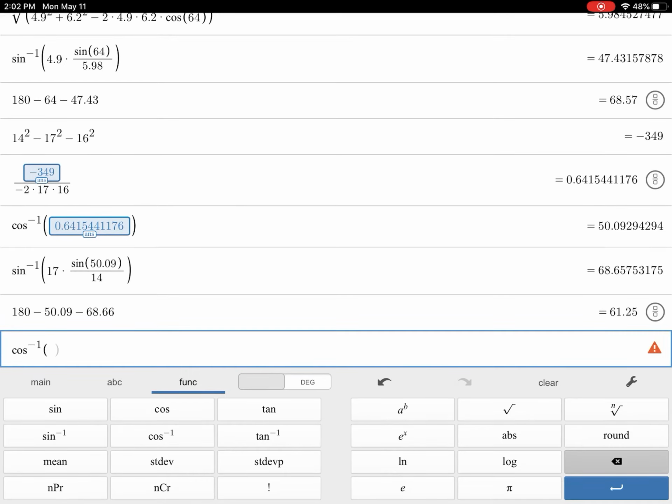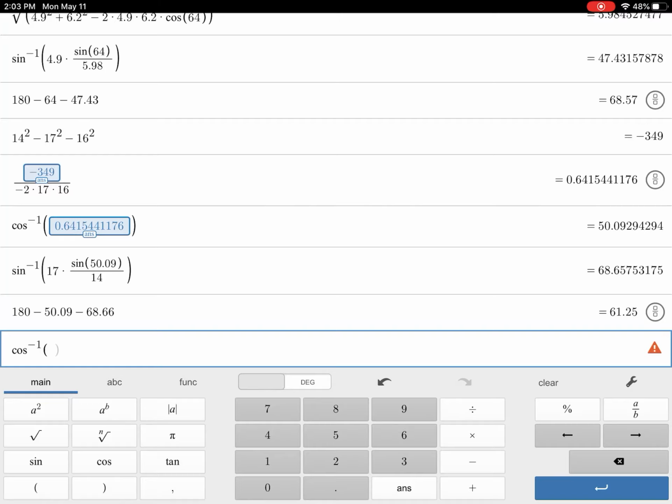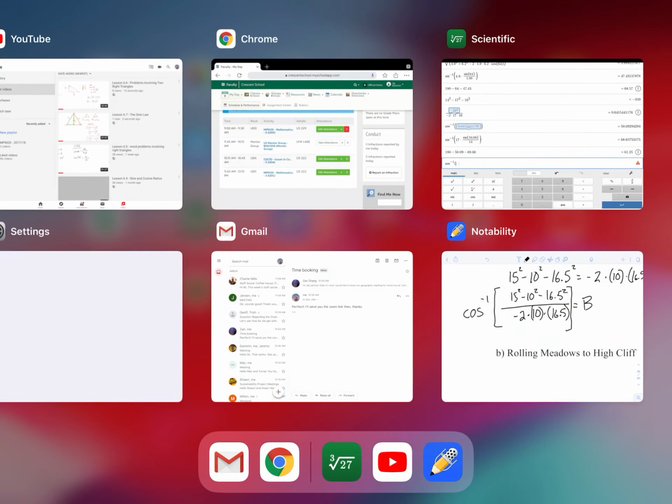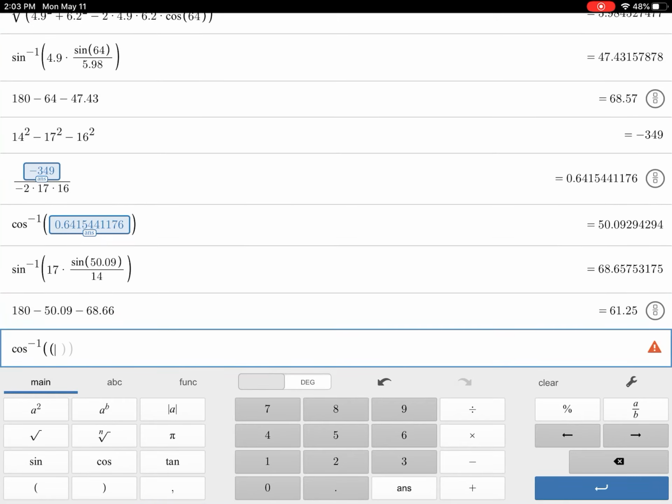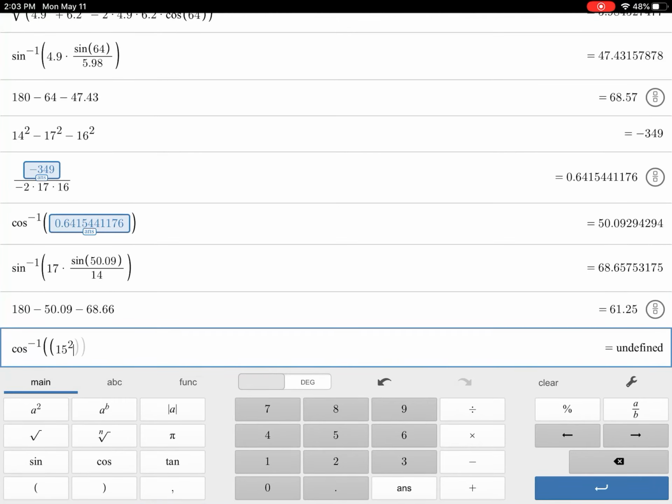So this is going to be the cosine inverse of 15 squared minus 10 squared minus 16.5 squared. So that's my whole numerator.